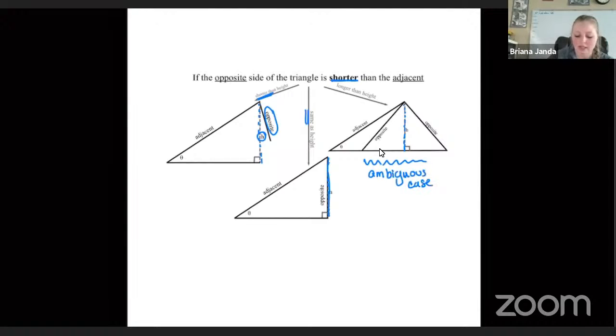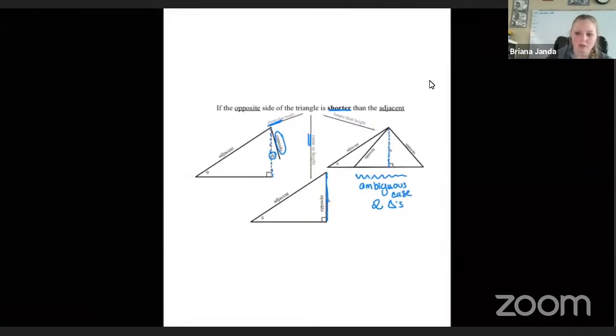And the ambiguous case means that you end up with two triangles. We'll end our day with that because that's our brand new information. Either of the first two situations, you will approach finding the rest, or solving that triangle, just like you would have with our first lesson.